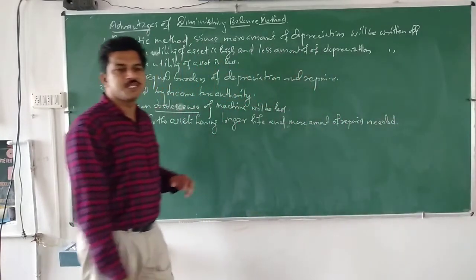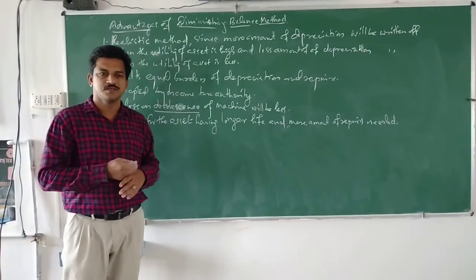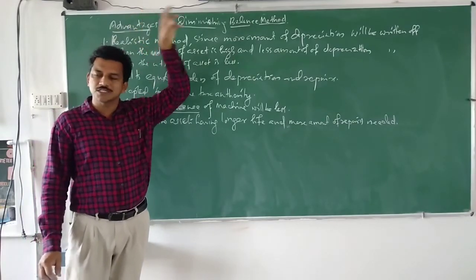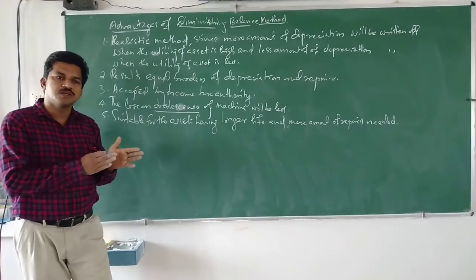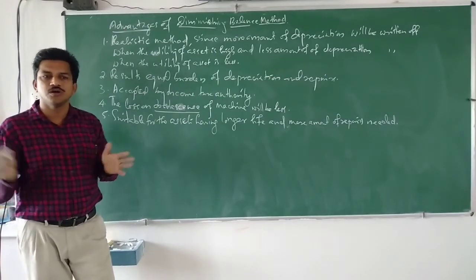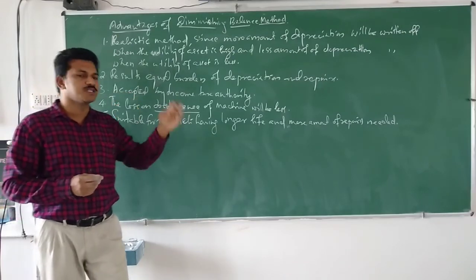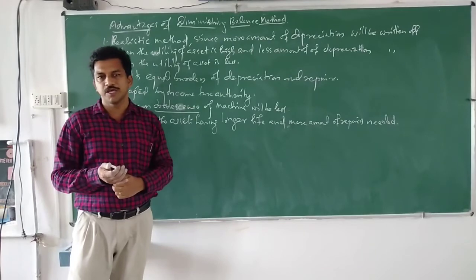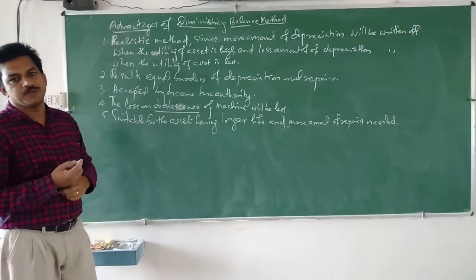That means this method is suitable for assets which have longer years. So for such assets we will write off depreciation in larger amounts in the initial years itself. So it is suitable for assets which have long lives and require a considerable amount of repair charges also. Okay. So these are the advantages of the diminishing balance method.